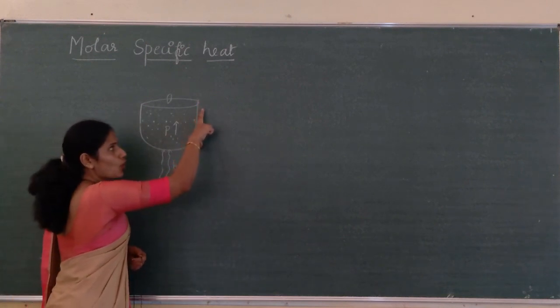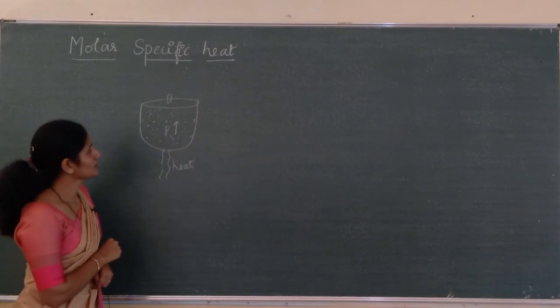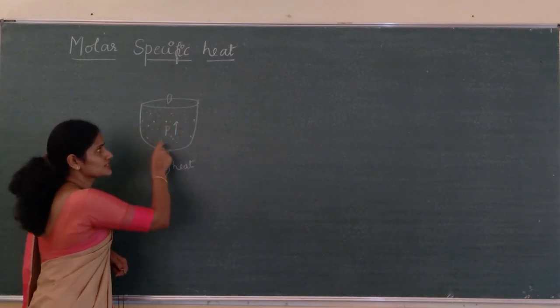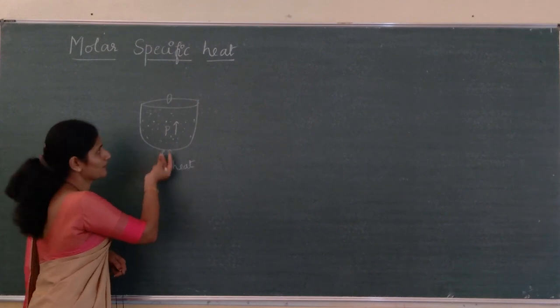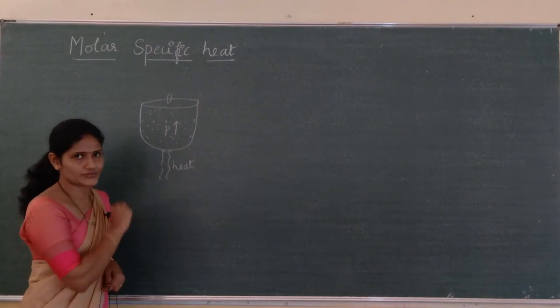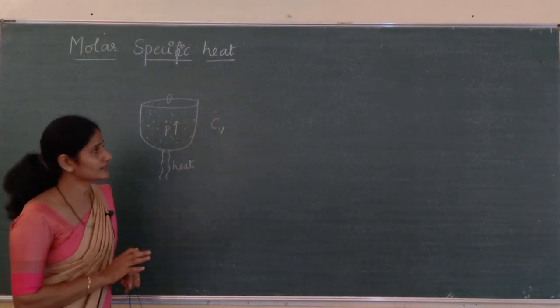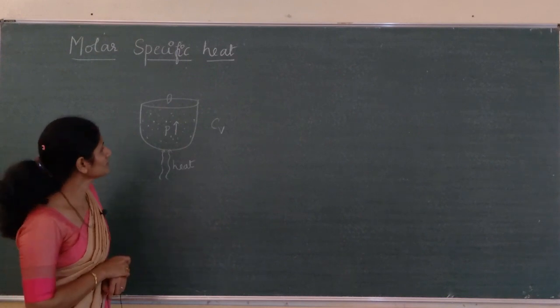So, here the volume is fixed, pressure is changing. The gas molecules are heated up, therefore, pressure changes, temperature rises by 1 degree Celsius. So, this is Cv, molar specific heat capacity at constant volume.